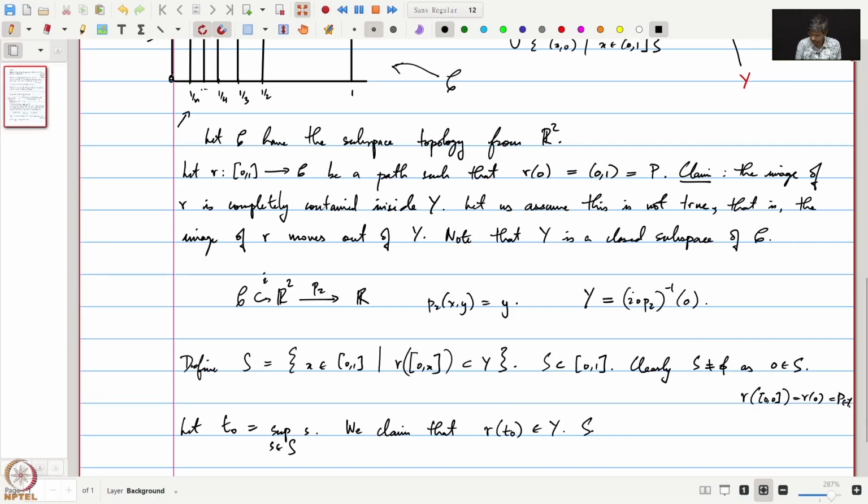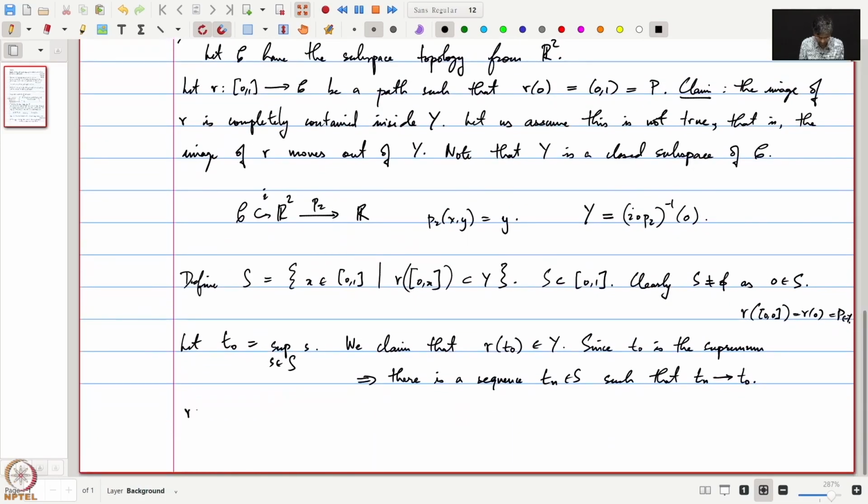Since T naught is the supremum, this implies there is a sequence Tn in S such that Tn converges to T naught. Now, as gamma is continuous, this implies gamma of Tn converges to gamma of T naught.